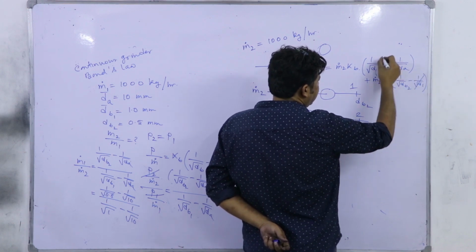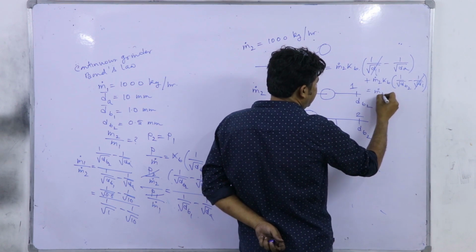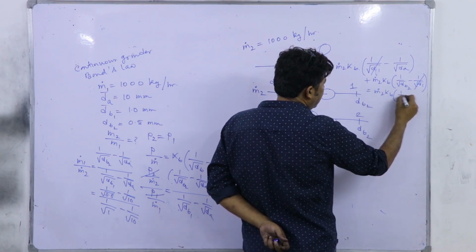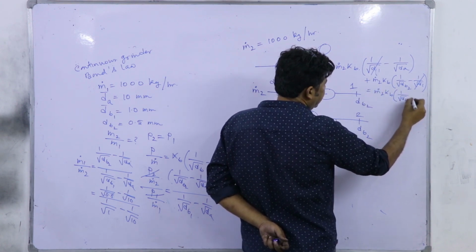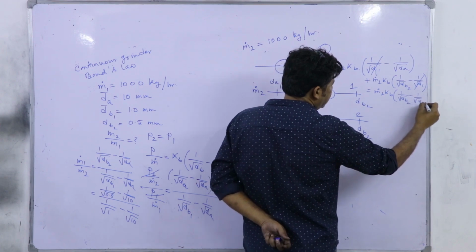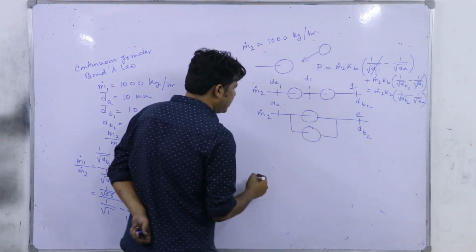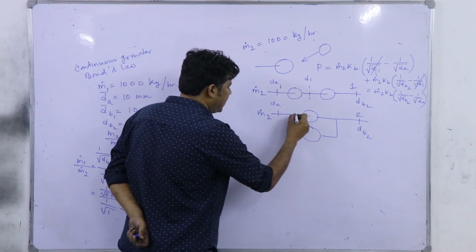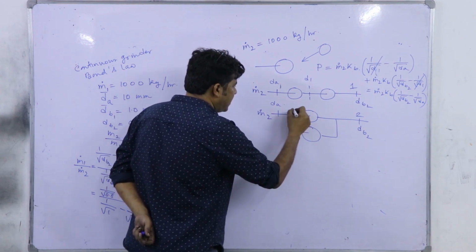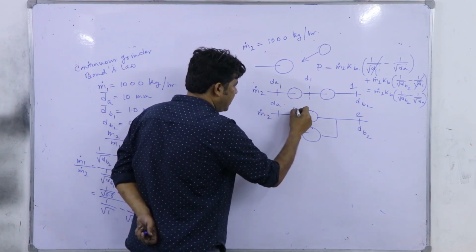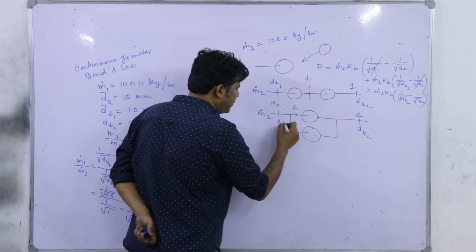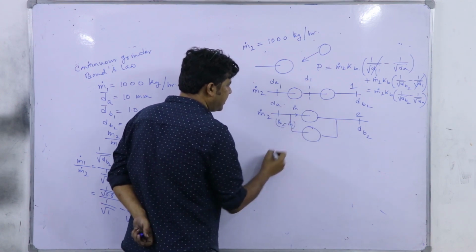So this simply cancels out, giving m2 dot into Kb into 1 divided by under root of dB2 minus 1 divided by under root of dA. Now here what will happen? Let's say we are giving out of m2 dot, m dot is here, so m2 dot minus m dot is here.